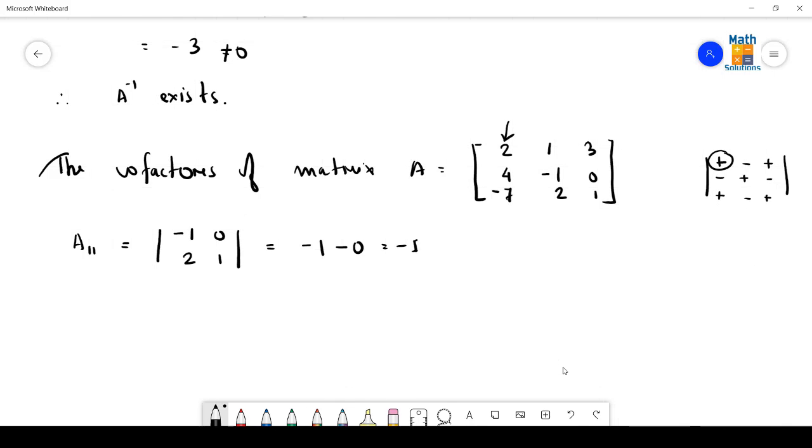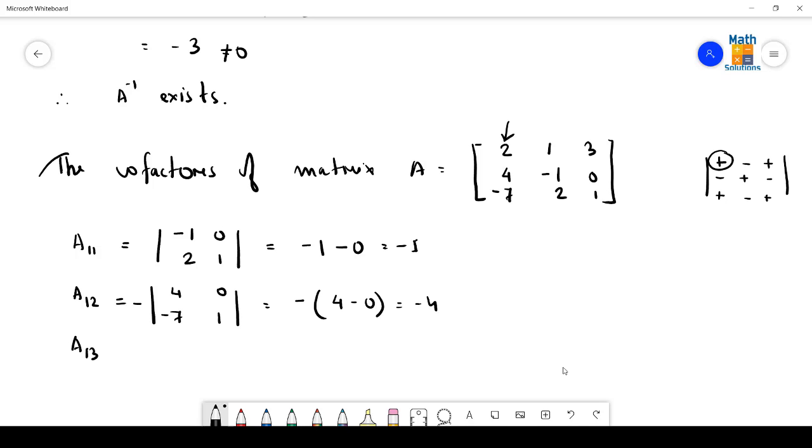Similarly, let us find out the next one, A12. This will be 4, 0, minus 7, 1, and the minus sign convention I have to use here. It will be minus 4, minus 0, which is minus 4.